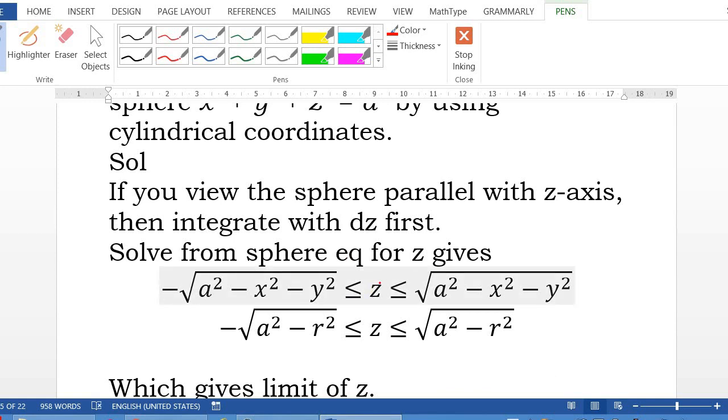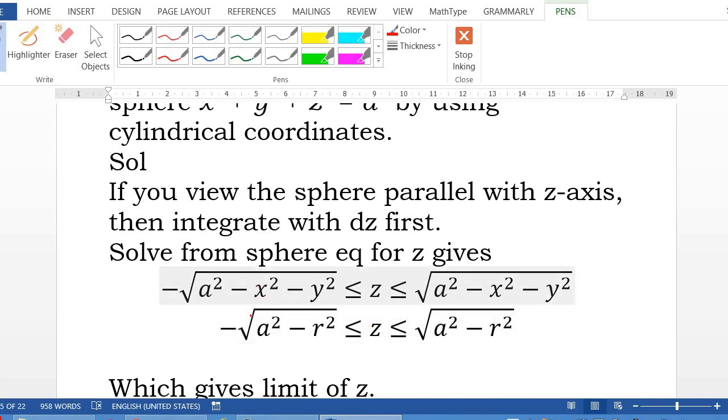In cylindrical coordinates, dy dx become r dr d theta, and x squared plus y squared will be r squared. The coordinates actually maintain the z, but dy dx change to r dr d theta.